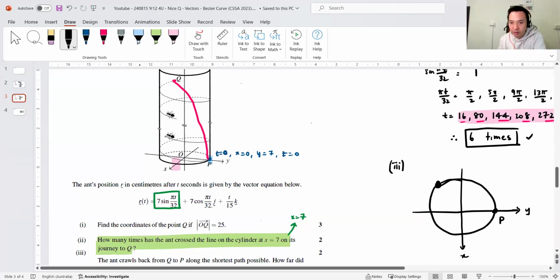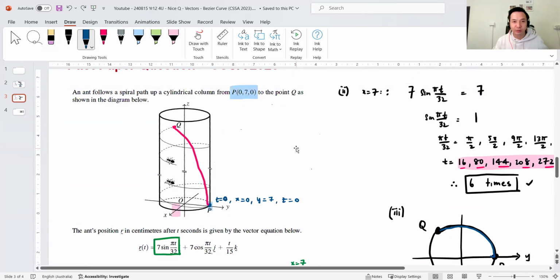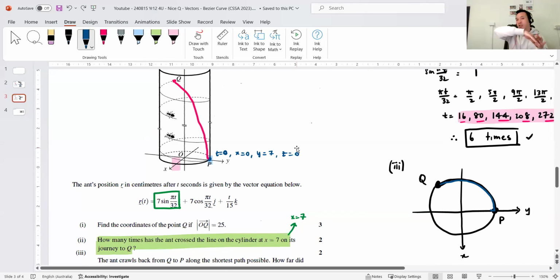Q is there, P is there. If I look at it from a helicopter view on top, it'll try to make its way from here along the edge here. Now it can't go straight across, because it does say it's a cylindrical column. There's no space in between, so it has to go along the surface.